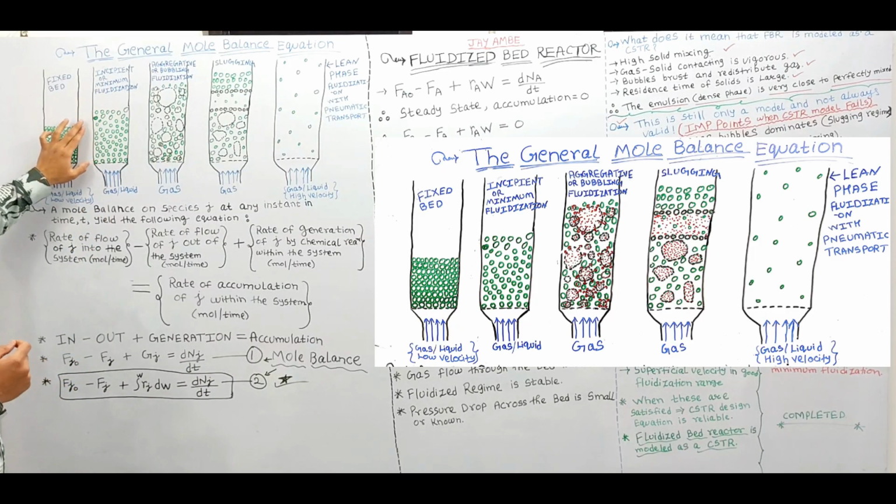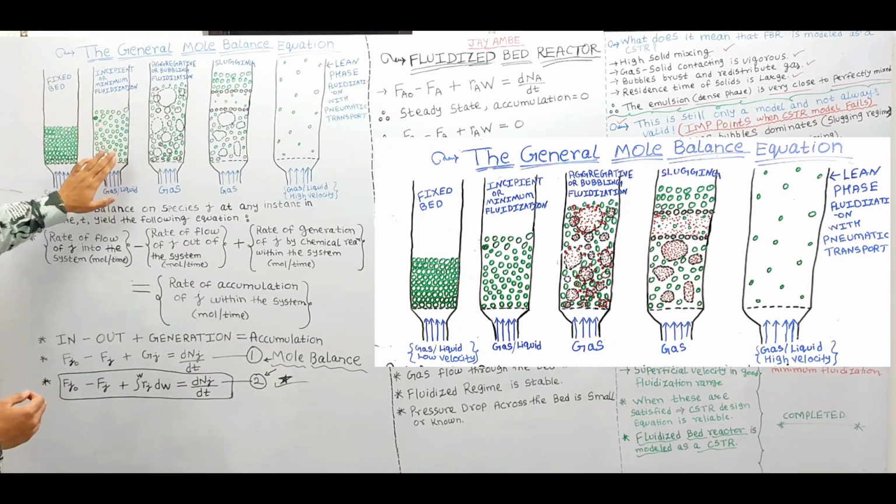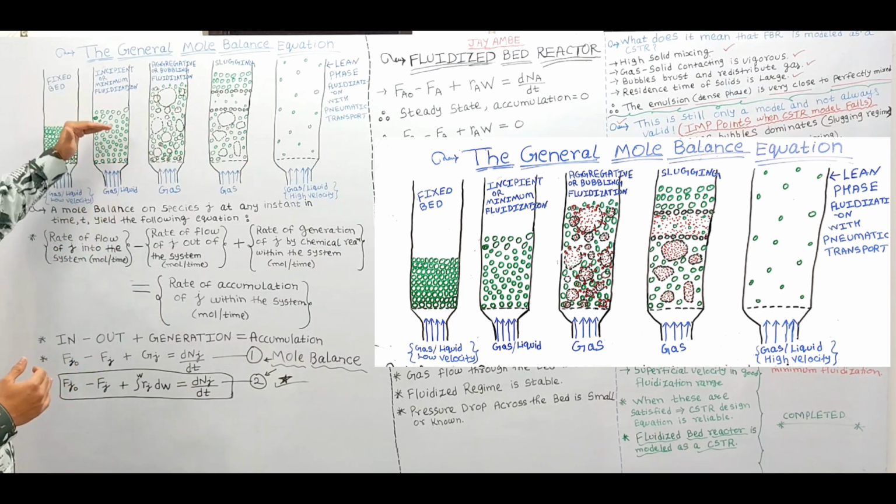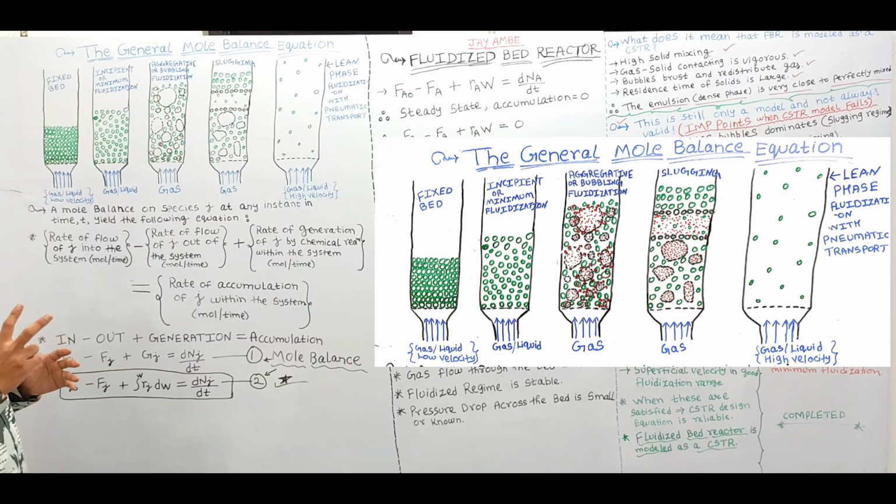Okay, so during those conditions, the solid catalyst bed will just get expanded, just get suspended, right? It's called the minimum fluidization velocity. And at slightly higher velocities than the minimum fluidization velocity, the bed gets expanded. That was the third case, and this was the second case, right?